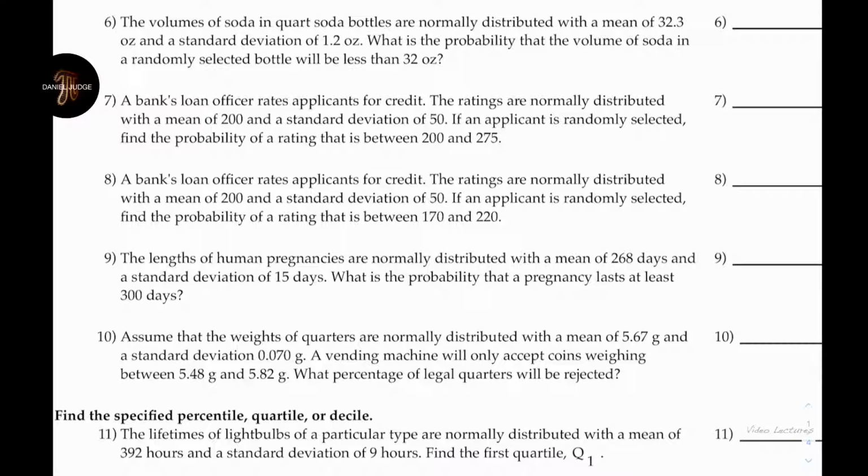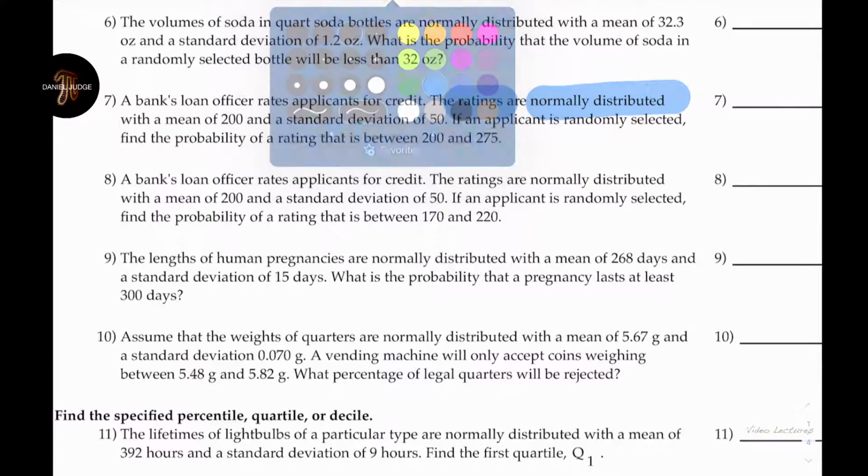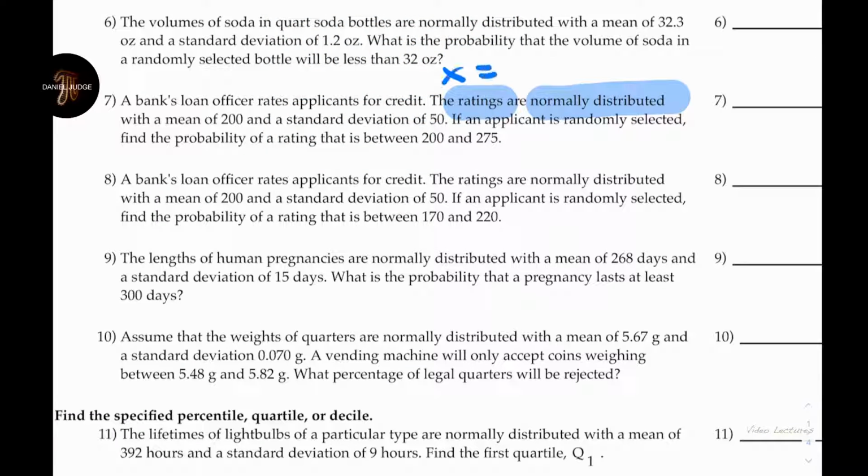Ratings are normally distributed. So what does that mean? X equals the rating value. This is what they're saying there. They have a mean of 200 and a standard deviation of 50.